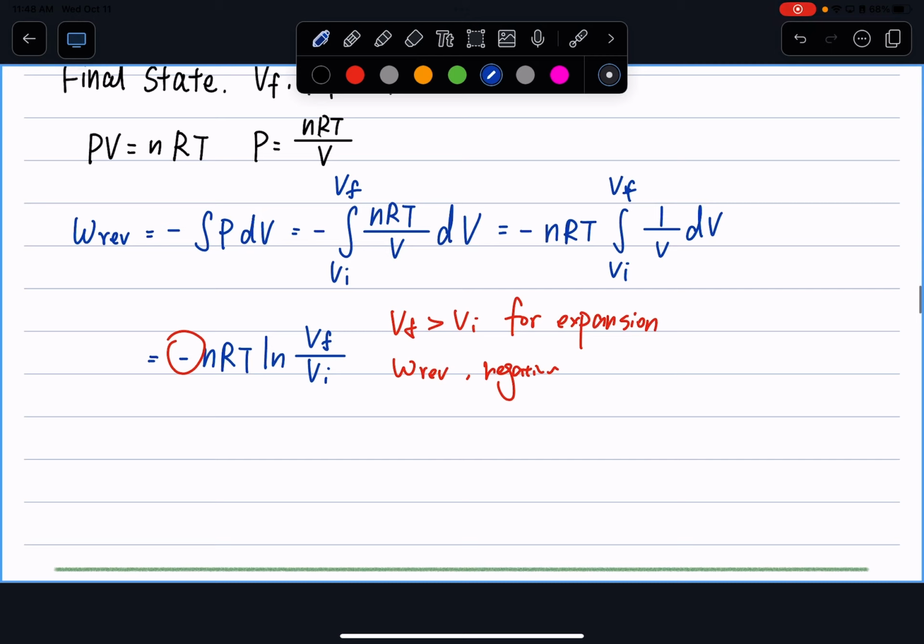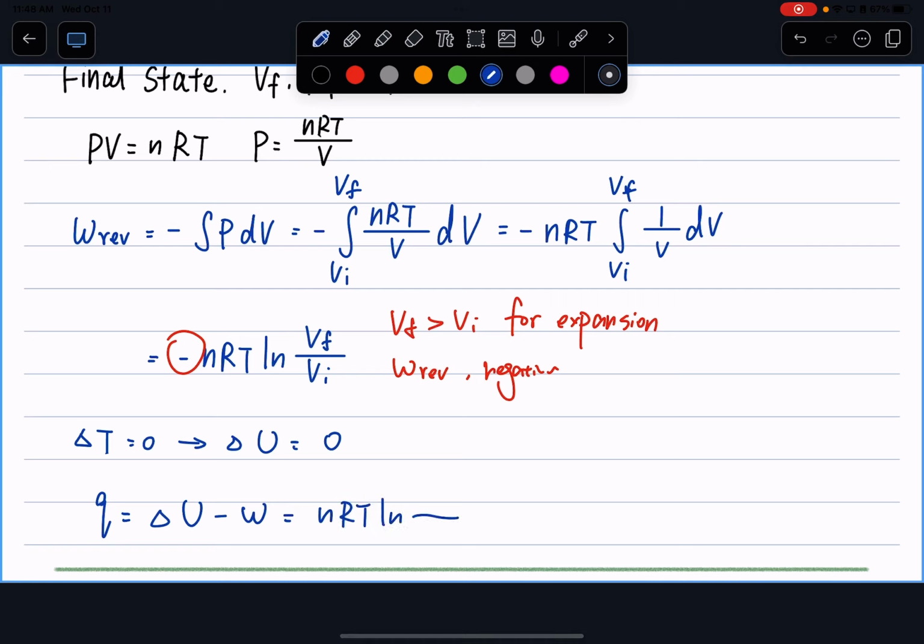And then because we know for ideal gases, when ΔT equals 0, you have ΔU equals 0. So the total internal energy is not changing for this isothermal process because the temperature is not changing. As a result, we have Q equals ΔU minus W, and that gives you nRT ln of V final over V initial.